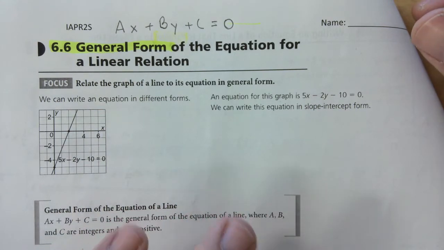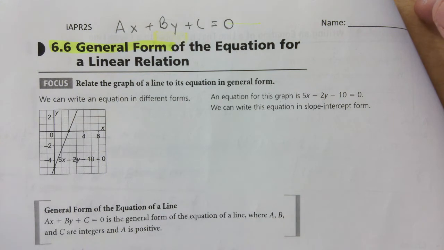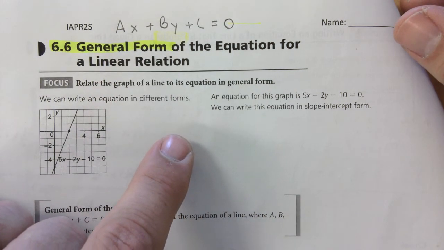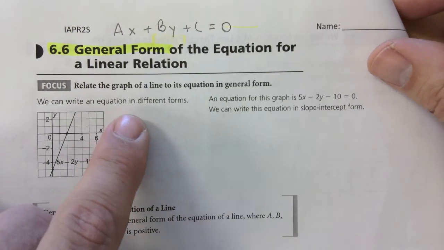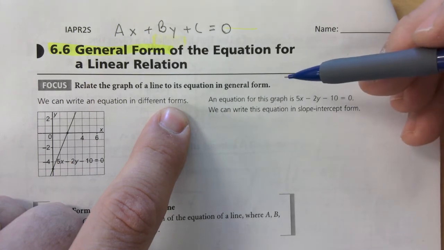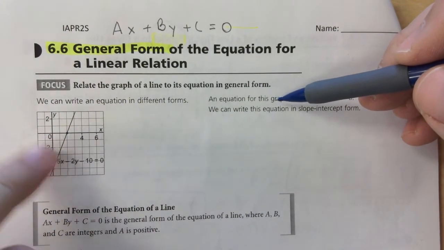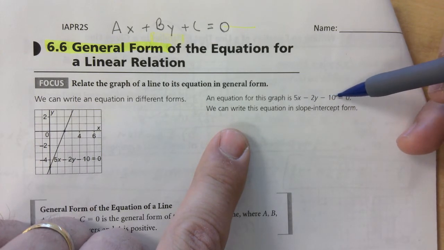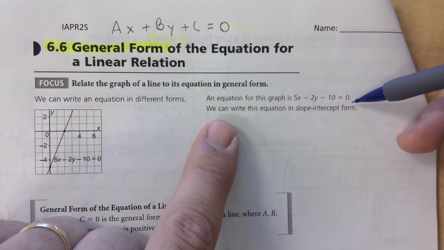So the focus today is to get everything looking like the general form of the equation. Okay? We can write an equation in different forms. An equation for this graph in particular on the side is 5x minus 2y minus 10 is equal to 0.